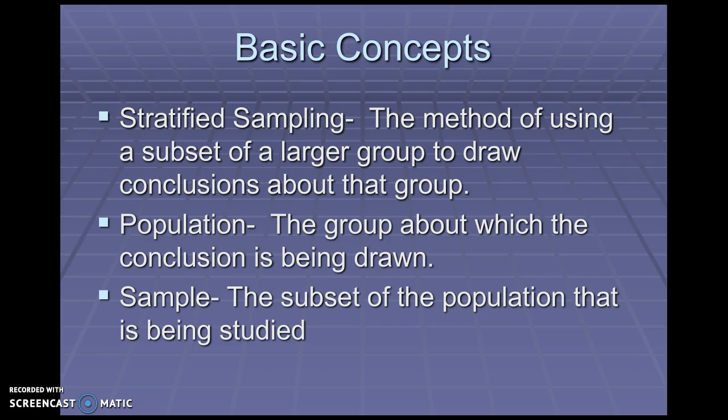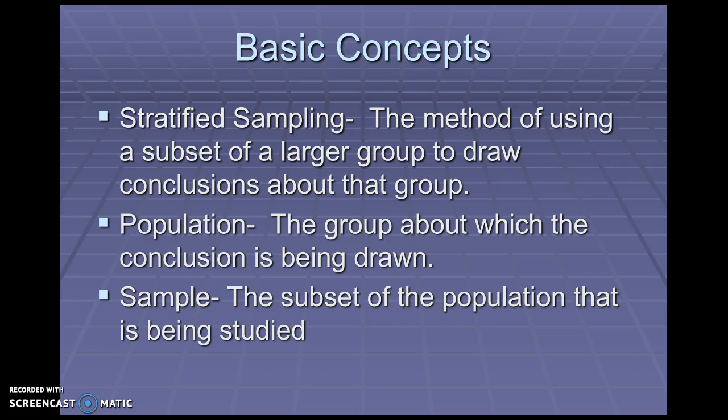So if we're trying to draw conclusions about people in Colorado, we want to use a sample of people in Colorado. If we want to draw conclusions about people in the United States, then our sample should be drawn from throughout the United States. The population is the group about which the conclusion is being drawn.